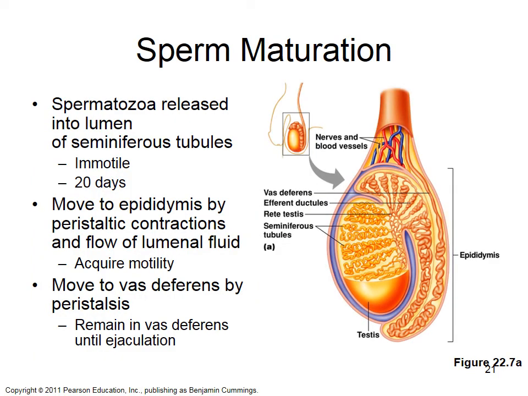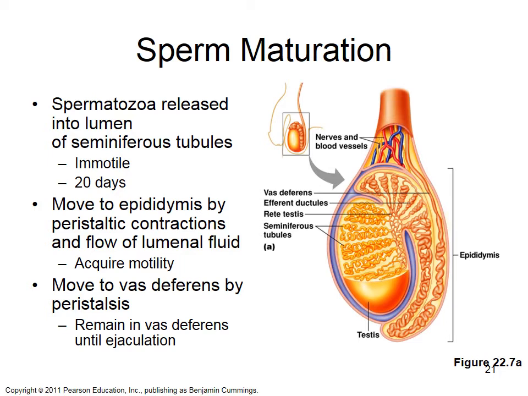So the spermatozoa that have head regions, midpieces, and tail regions get released into the lumen of those seminiferous tubules, and they hang out there for about 20 days. And during that time, they're immotile. They're not fully functional yet. And then they're going to move to the epididymis, due to peristaltic contractions of smooth muscle that lines those seminiferous tubules, as well as the flow of luminal fluid inside the seminiferous tubules.